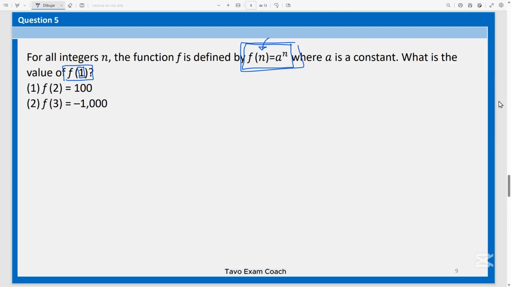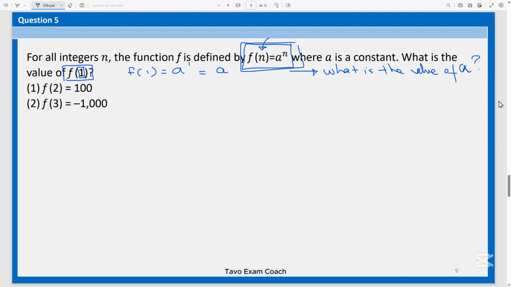In other words, f of 1 means a up to 1. But a up to 1, any constant value up to 1, is just the same value. So based on the definition of the function, the question becomes, what is the value of a? So this is our true question. This is what we need to respond to.